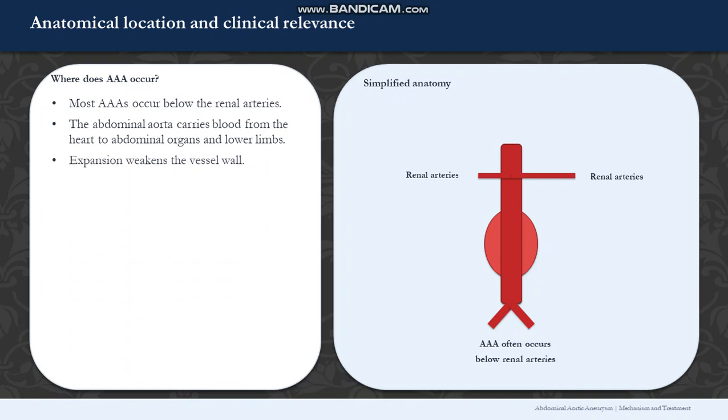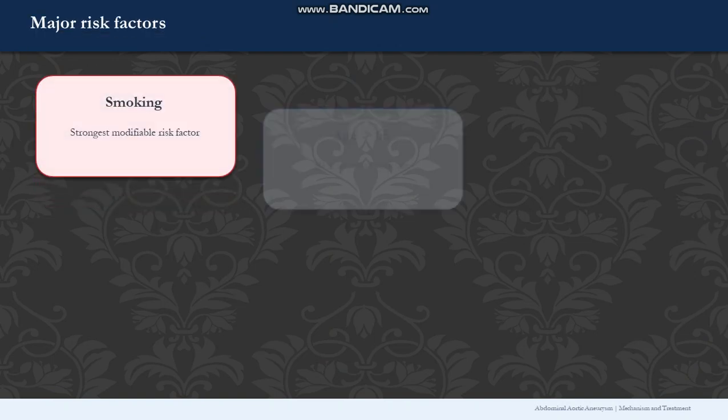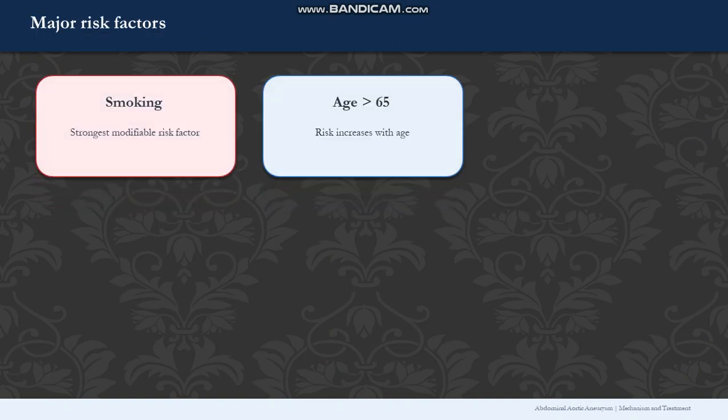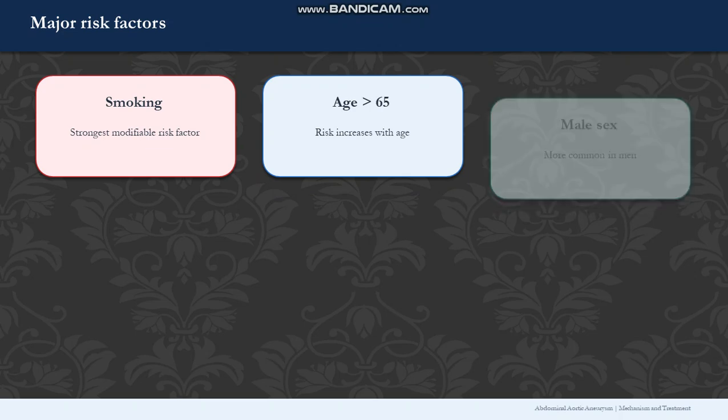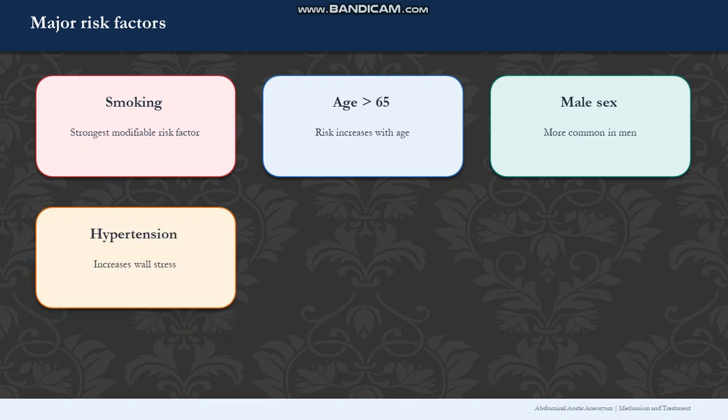Expansion weakens the wall of the vessel. Rupture causes massive retroperitoneal or intra-abdominal bleeding. Major risk factors: smoking, age above 65. Male sex is the most important, because 90% of patients with this disease or this rupturing of the abdominal aorta are male.